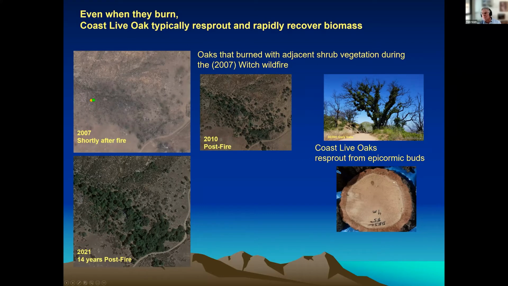There are buds which are dormant along the surface of the cambium, and as soon as the tree canopy burns, epicormic buds will start to appear in this tissue, and in a very short time, you can have a canopy which is starting to reconstruct itself. So even when they do burn, they can rejoin the canopy and create a canopy structure very quickly, as opposed to an awful lot of trees, such as the white oaks, which tend to have to start from the root crown.